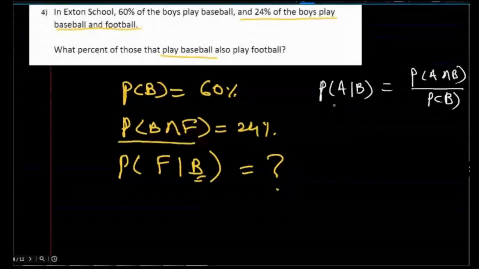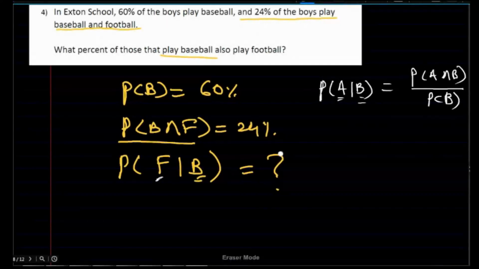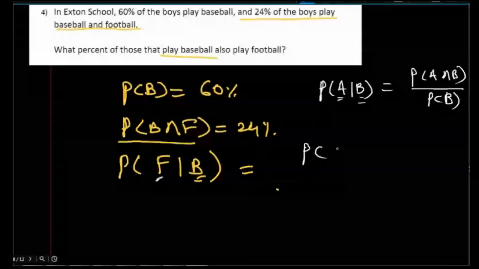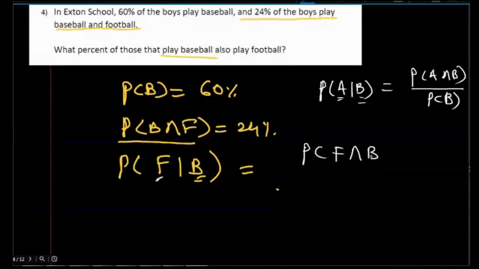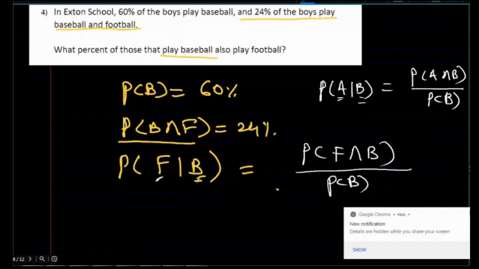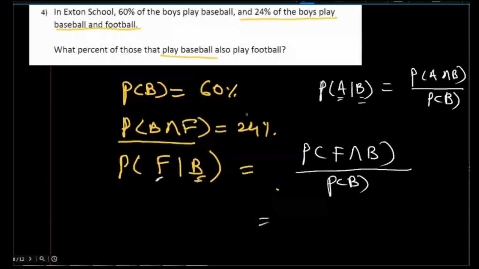Okay, so you can replace this: A means F and B means B. So you can write it as probability of F and B divided by probability of B. Do we know all the values required to calculate? Yes, we know all the values. So this is 24% divided by 60%.